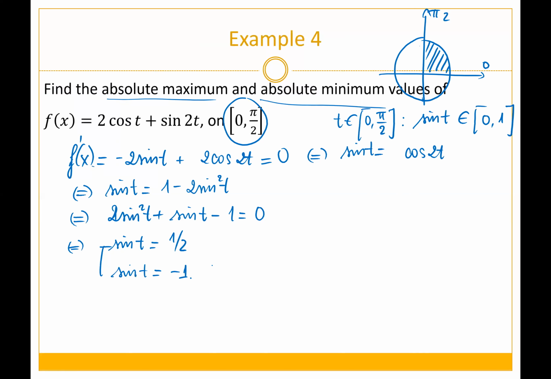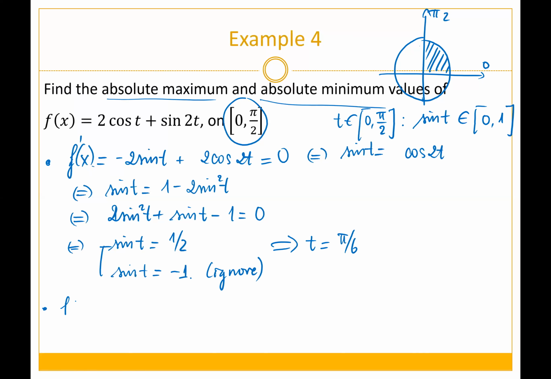So when sine t equals negative 1, you can ignore that critical value because it doesn't belong in the interval we're talking about. By the special angles in the book, you can find that t equals pi over 6 when sine t equals one half. And so that is our critical number.